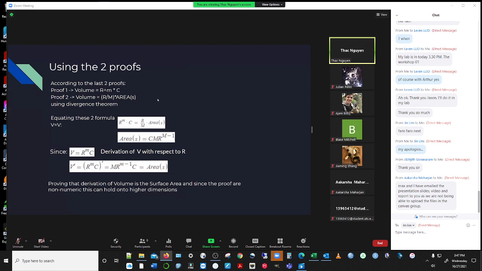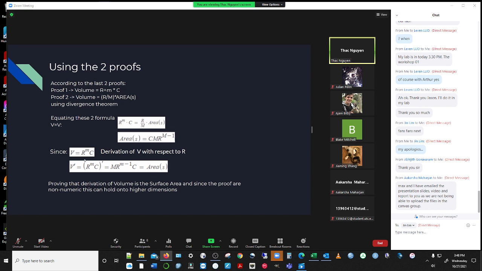So using the last two proofs, proof 1 gives us volume equal to r to the power of m times a constant, and proof 2 gives volume equal to r over m times the area using the divergence theorem. Now we can equate these two formulas, V equals V. So r to the power of m times the constant equals r over m times the area. If we shift m over and r, the area formula gives us c m r to the m minus 1.